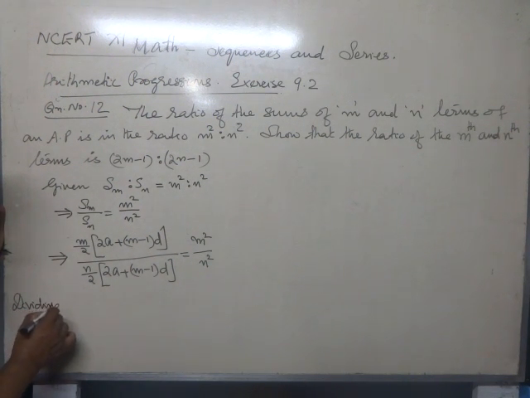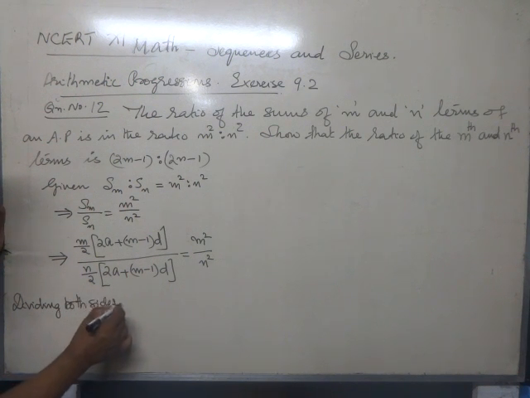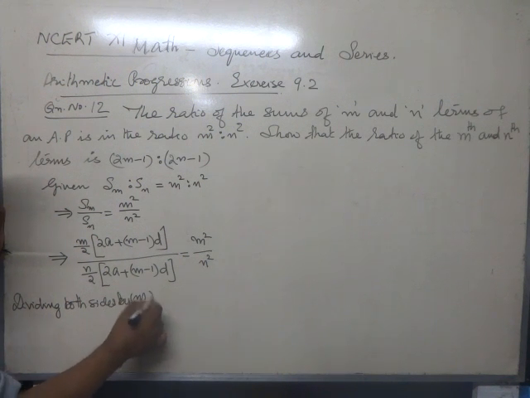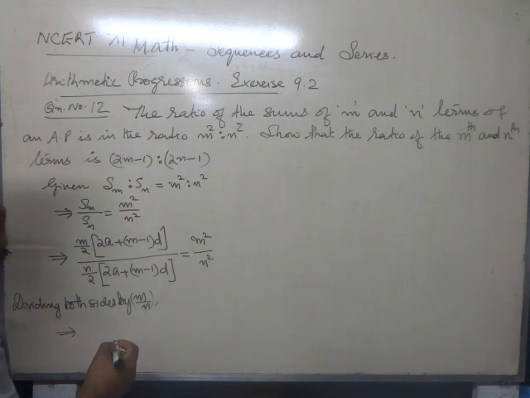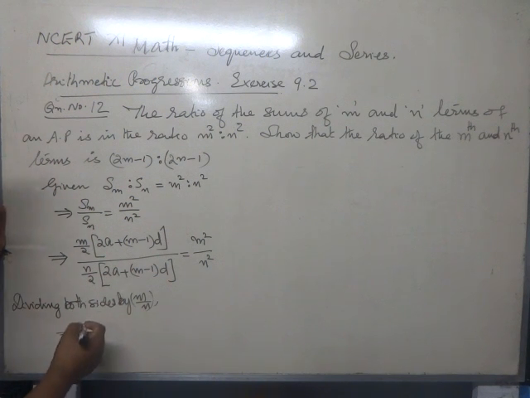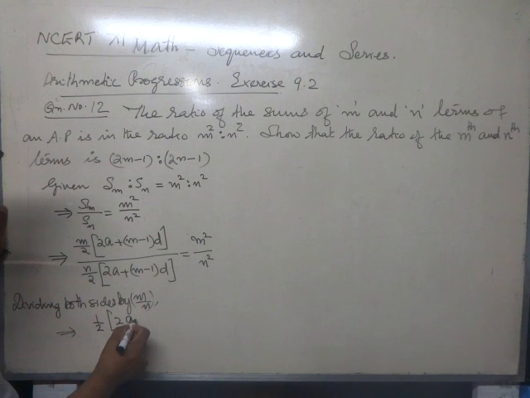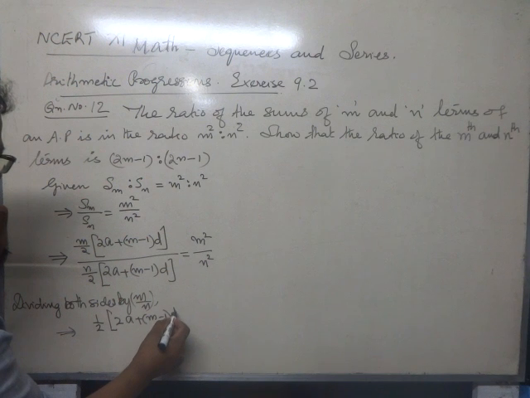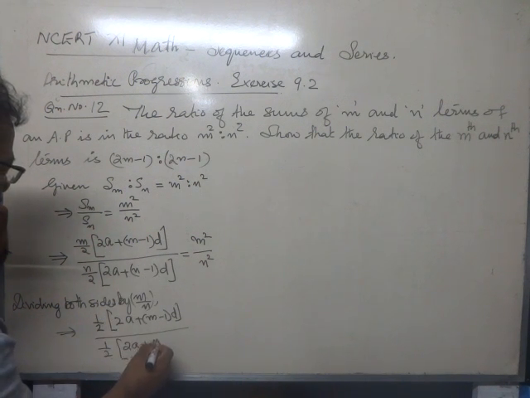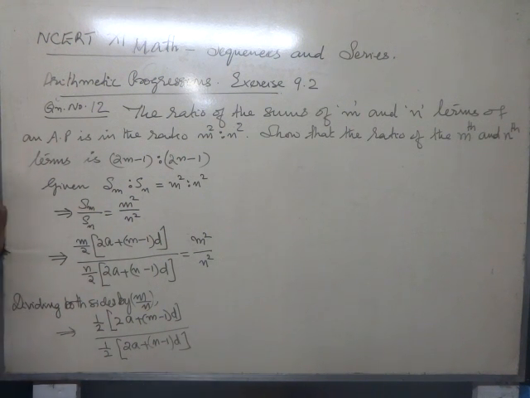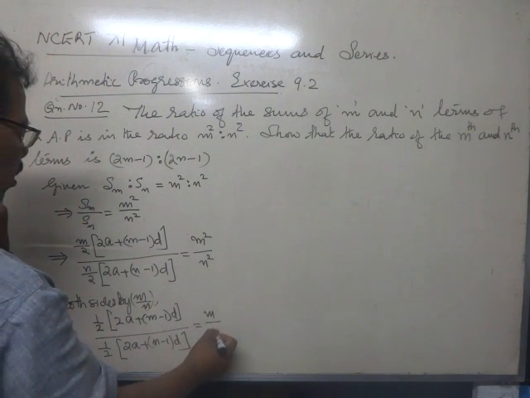Dividing both sides by m by n, we get 1 by 2 into 2a plus m minus 1 d divided by 1 by 2 into 2a plus n minus 1 d is equal to m by n.